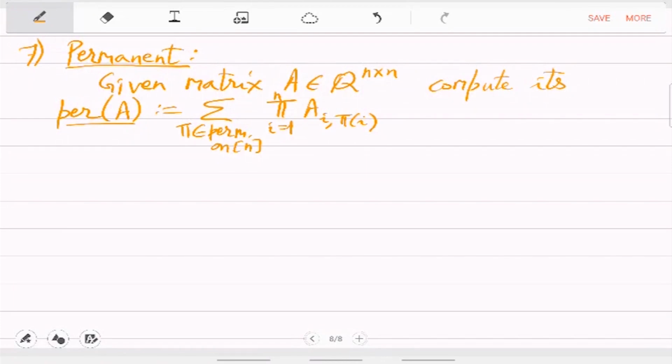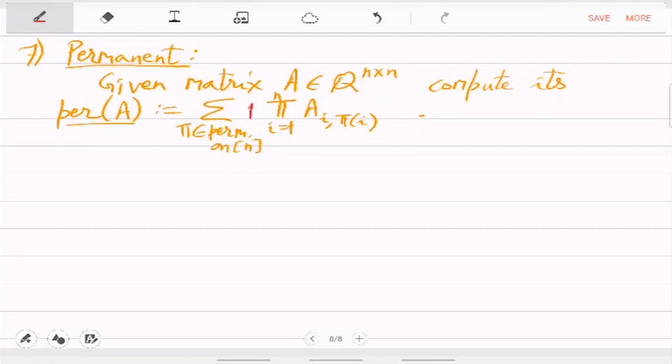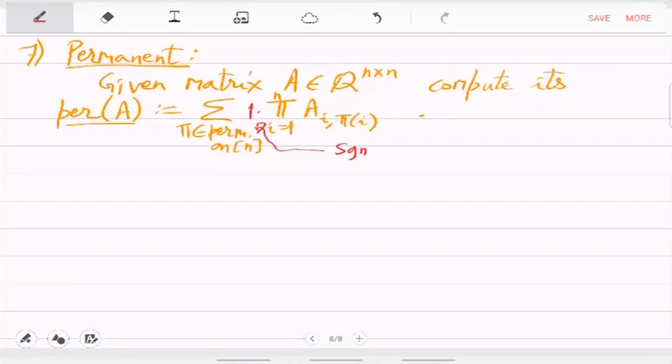In the determinant, there would have been a sign here, depending on the permutation pi, but in the case of the permanent we put that sign to be 1. That's the difference. If you put the sign of the permutation pi, then you get the determinant.